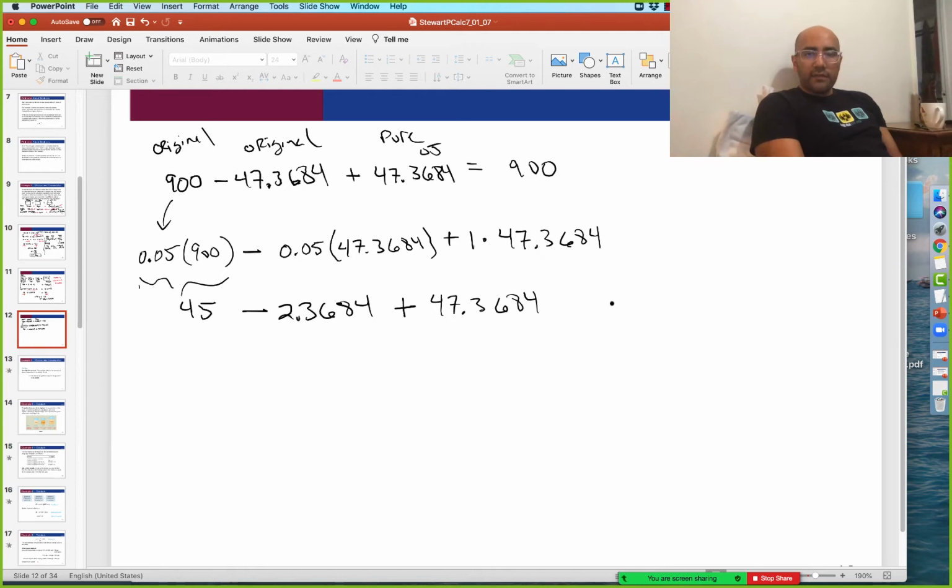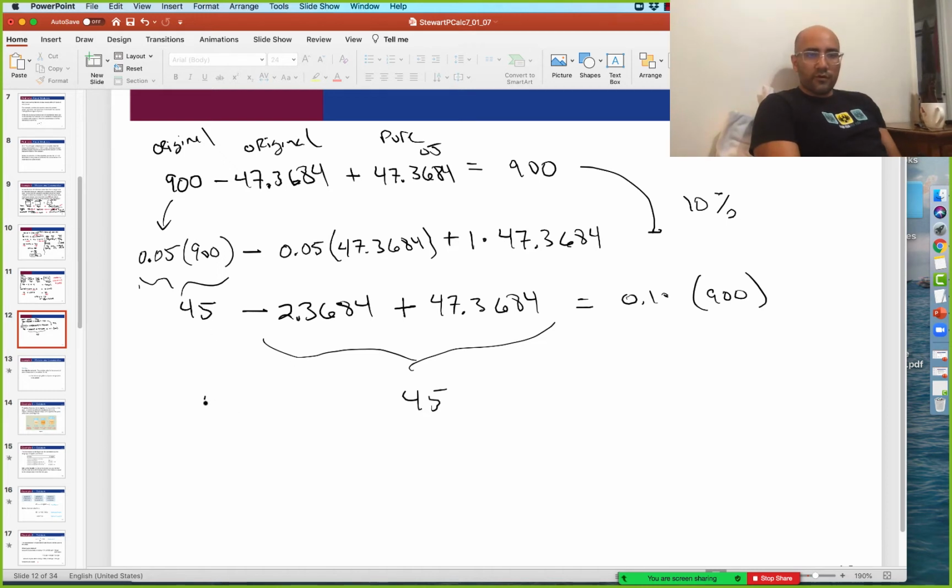Okay. And if I did my job correctly, we know the final mixture was supposed to be 10% OJ, so it should be 0.10 times 900, or 90 gallons. And I can already see that that's going to work out. This one and this one combined give me exactly 45 gallons.